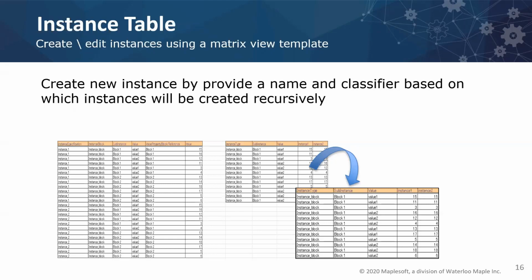Once you use this instance table feature, you will be able to just specify the block for which you want to create the instance recursively. It will automatically look for all the part properties or value properties, create a complete list of the instance specifications, and display it to you in the form of a table. Again, I'll show you an example for a better understanding of this.